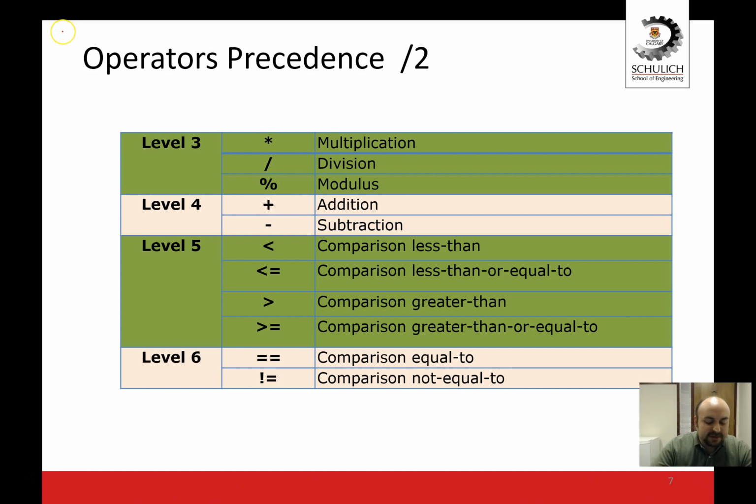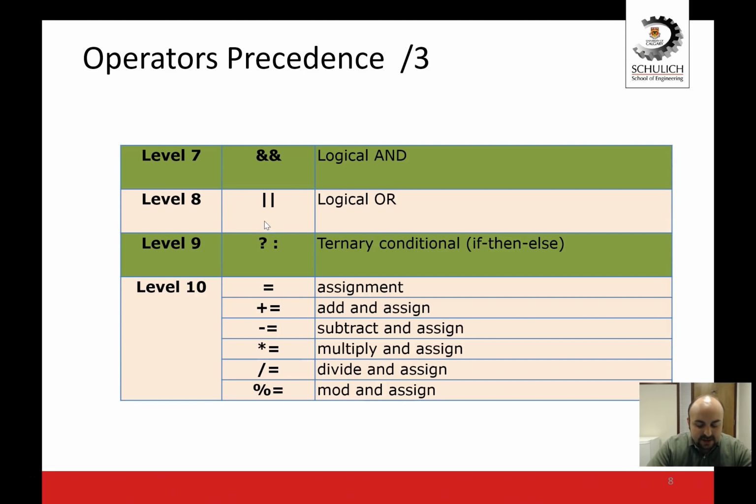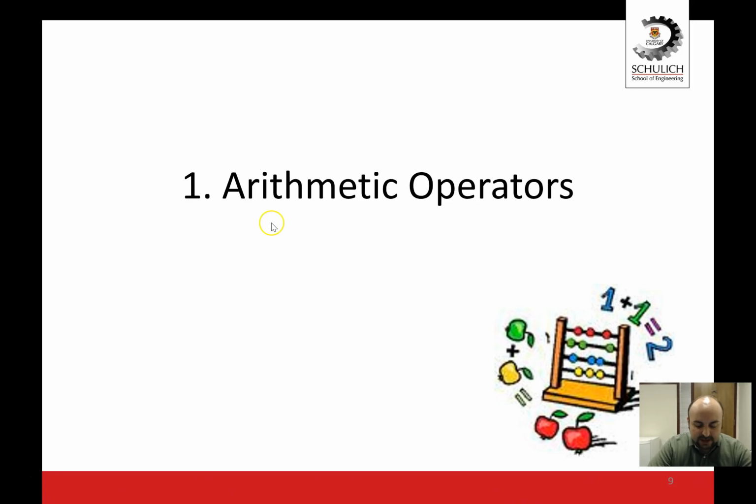Level 3, you have multiplication, division, and modulus that I haven't talked about, but I will in a little bit. We have addition and subtraction. So you see that the precedence of multiplication is higher than the precedence of addition. Therefore, multiplication will happen before we do addition. And then the rest of these we haven't really talked about, but we will in the next weeks. So this is a very important table for you guys to have a look at.